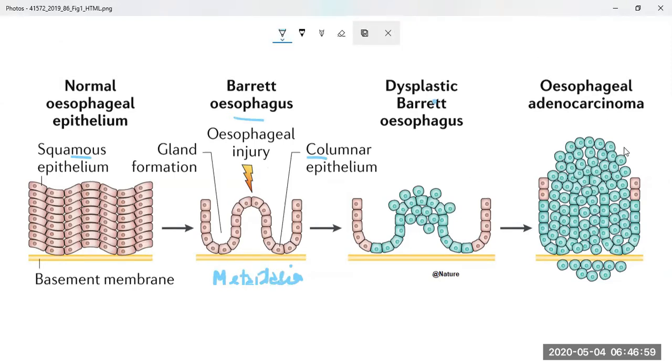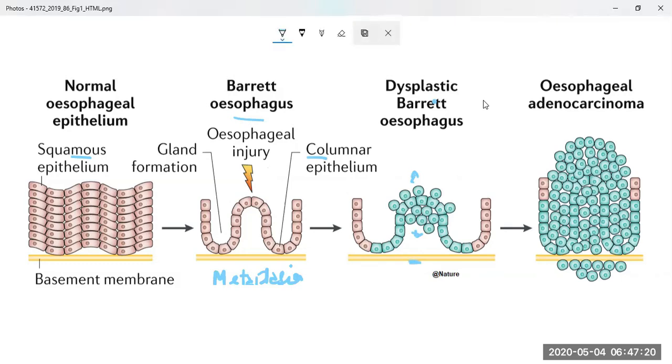And then when dysplasia occurs, you can see that the cells grow in layers, the first point that we discussed previously. Then the cells grow further and further, going away from the basement membrane. This is the basement membrane.